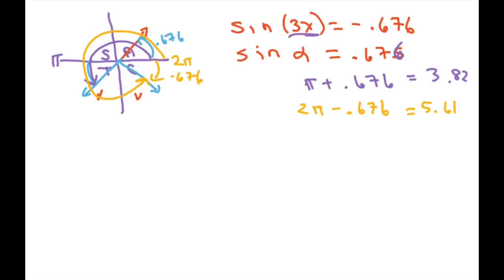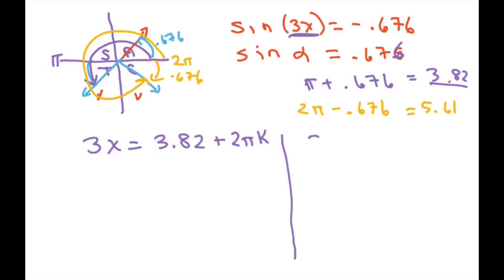Now I'm going to go back to my primary angle and solve further. So I'm going to write 3x equals 3.82, and then the period for sine is 2 pi. I'm just going to put a k for the rotation, and I'm also going to write 3x equals 5.61 plus 2 pi k.